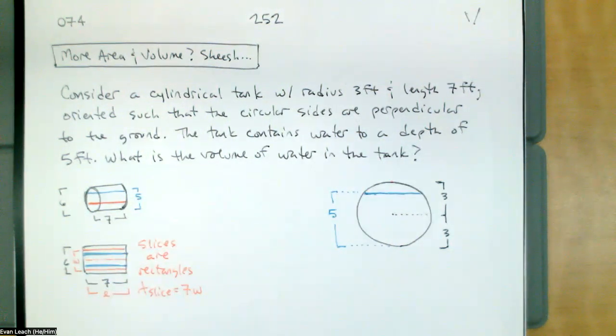So that's what we want to do. We want to think of this cylinder as a stack of rectangles. Cylinder is a stack of rectangles.